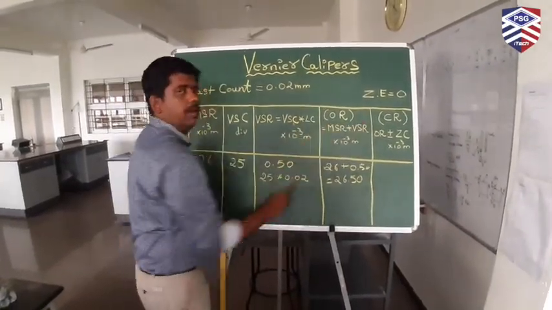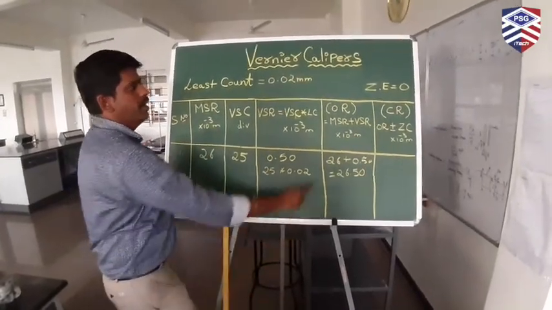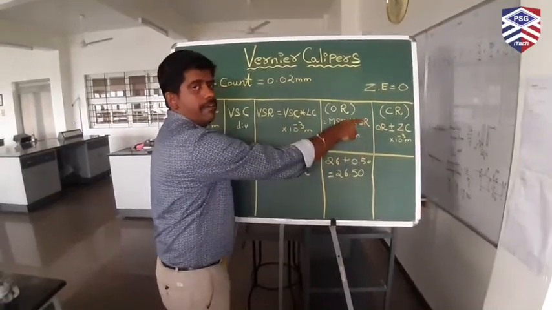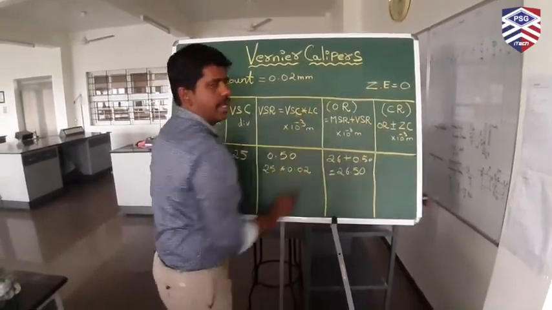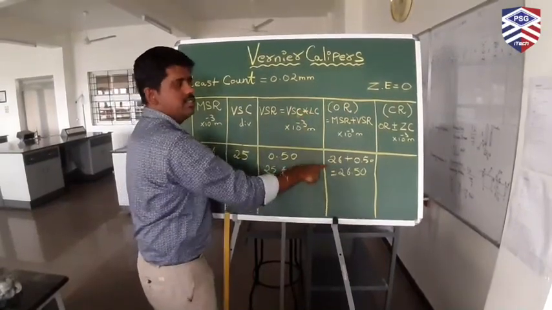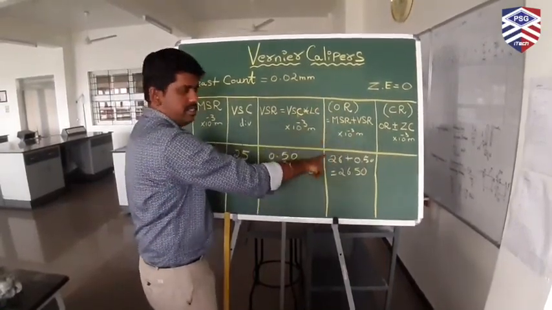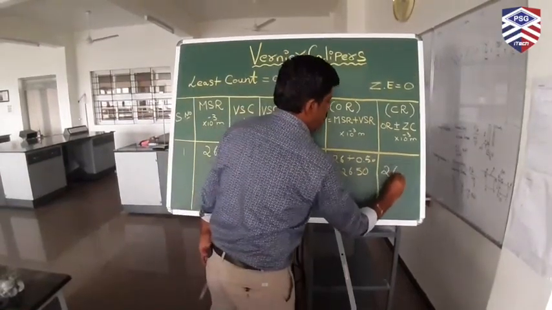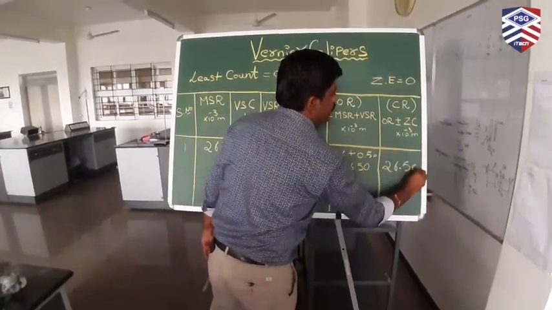The last column is the correct reading, which we correct from that of the original reading if we have any errors. In our case, the zero error is nil or zero, hence the correct reading is exactly the same as that of the original reading, which is 26.50.